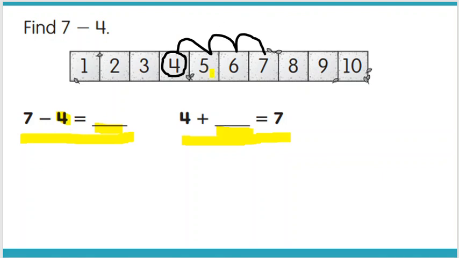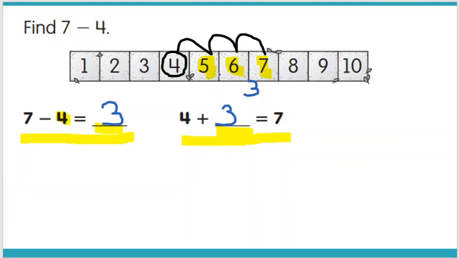If I look at that, I know that I went 1, 2, 3. So that would be 3. So 7 minus 4 equals 3. Well, we know that subtraction is the opposite operation of addition, so I know that 4 plus 3 equals 7. So I can plug that in and work the opposite way.